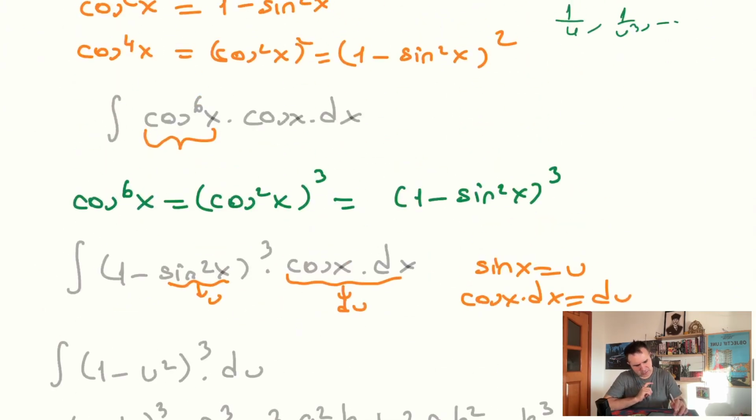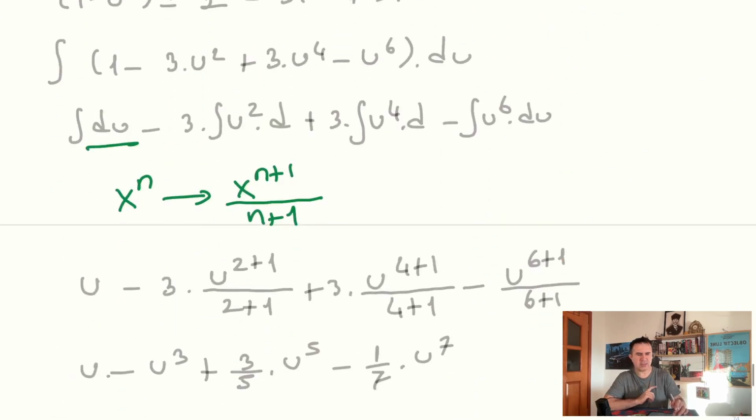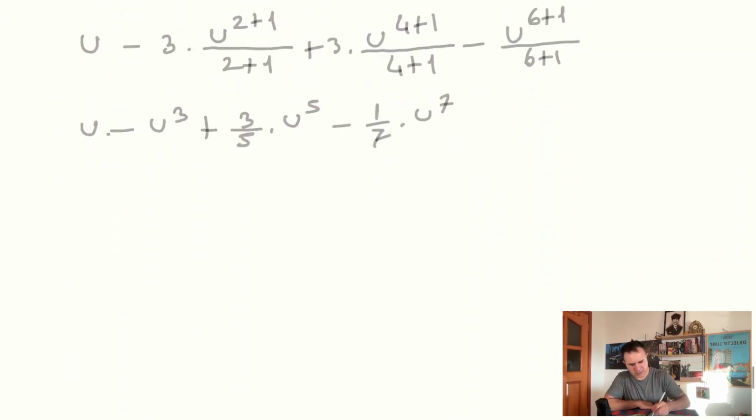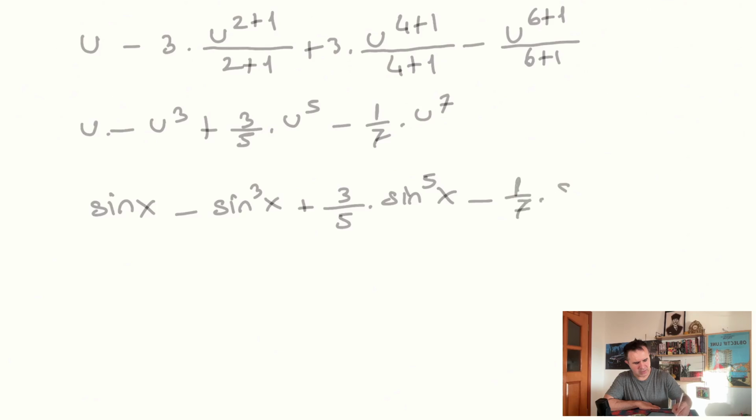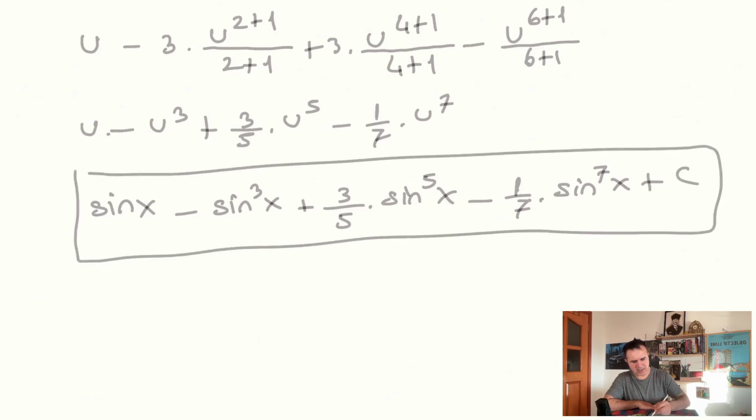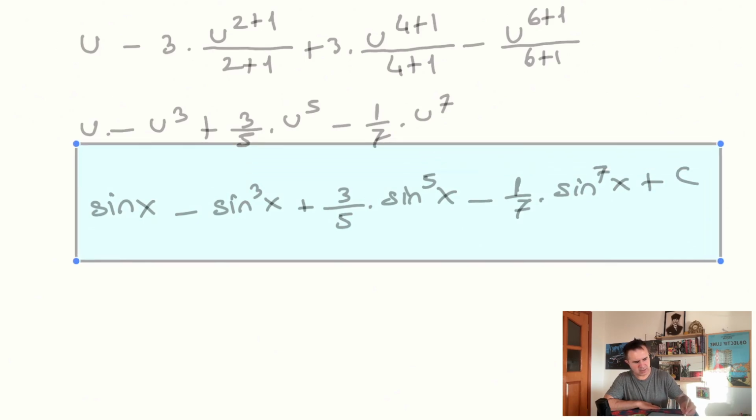And since we said that sine x is equal to u, then the integral is sine x minus sine cubed x plus 3 over 5 sine to the power of 5 of x minus 1 over 7 sine to the power of 7 of x. And since the integral is an indefinite integral, we will add a constant c here, and the answer is this.